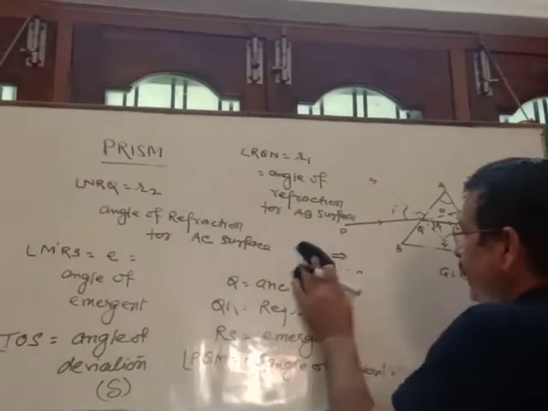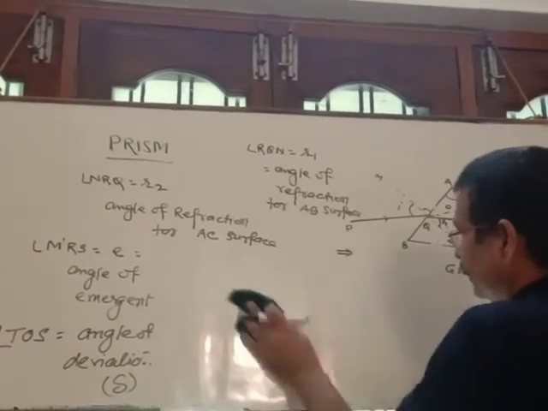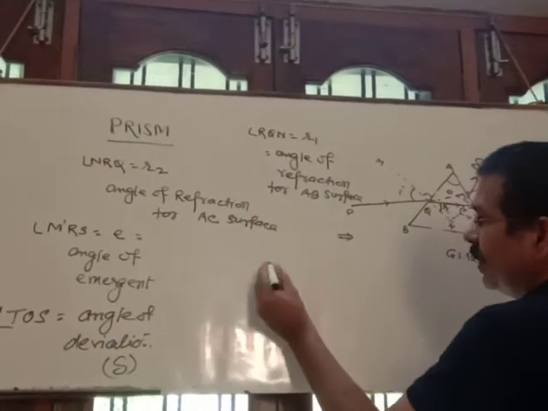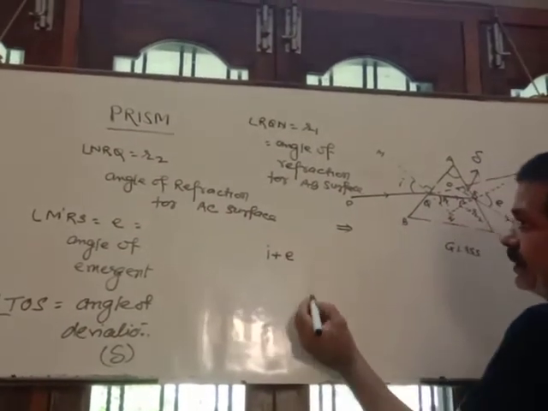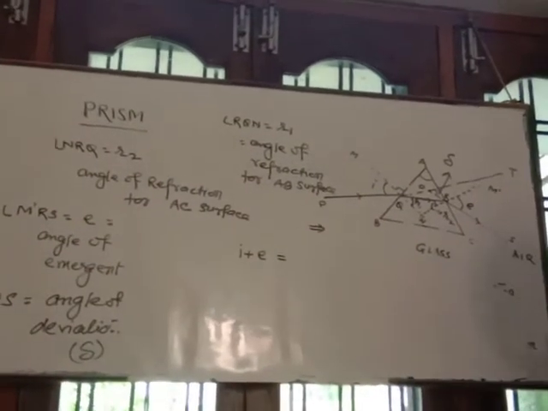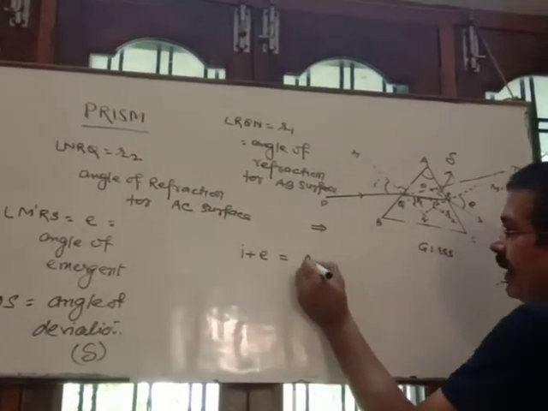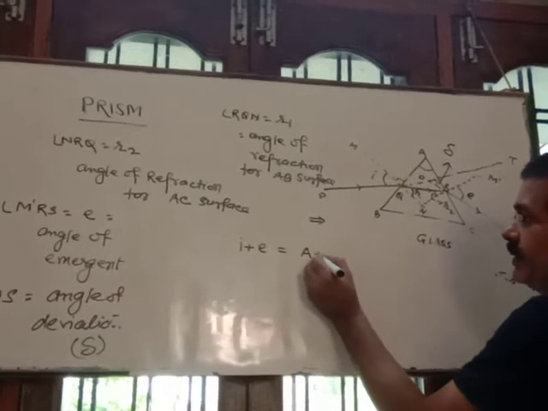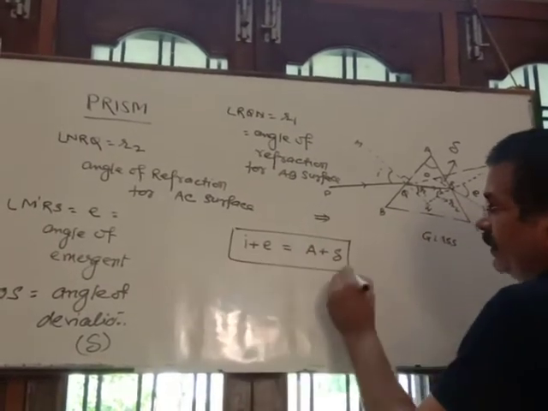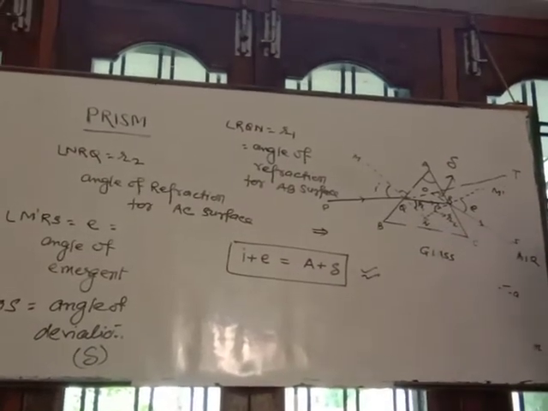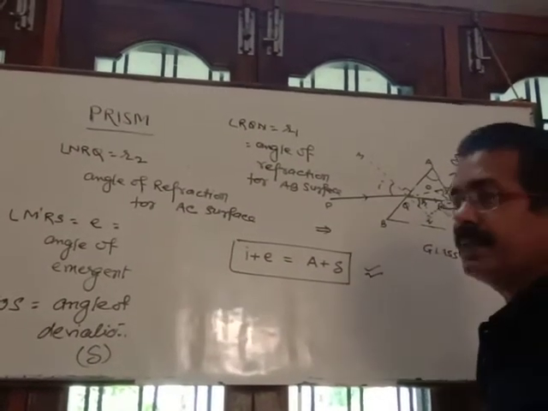Okay. Now let's see what happens in this case. The sum of the angle of incidence and the angle of emergence is always equal to the sum of the angle of prism and the angle of deviation. For a normal prism, I plus E is equal to A plus delta.